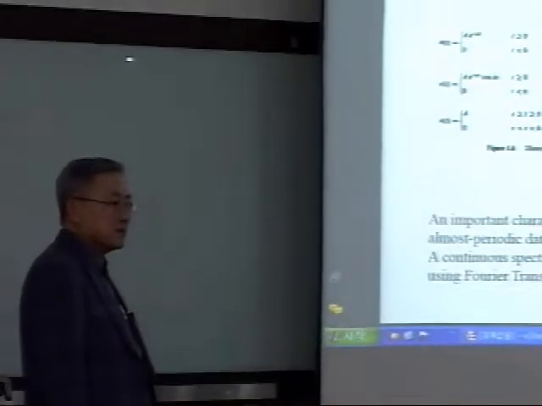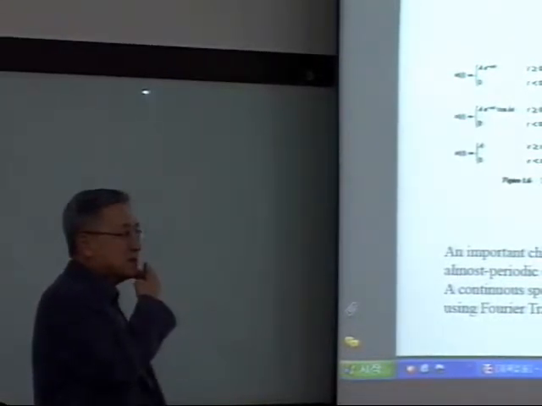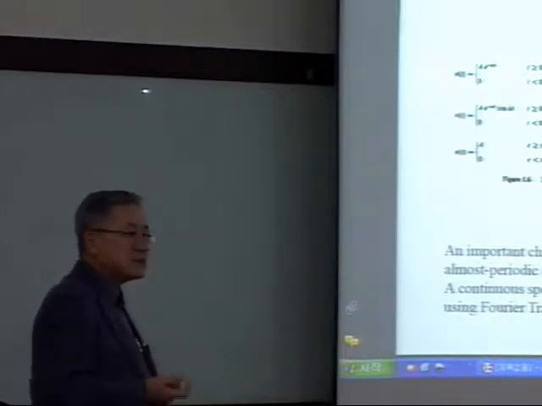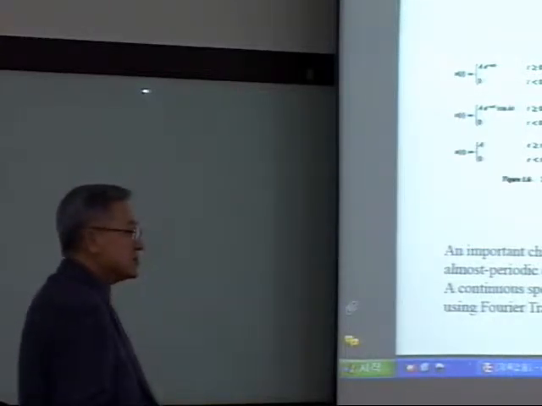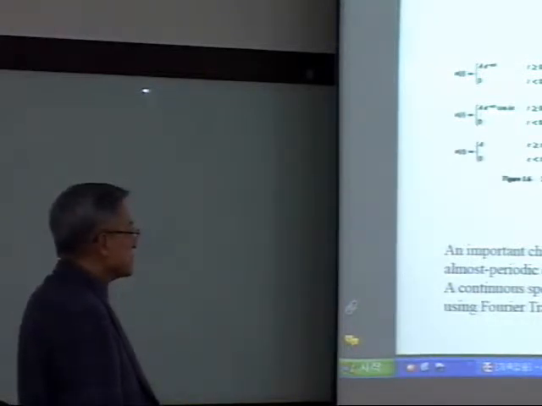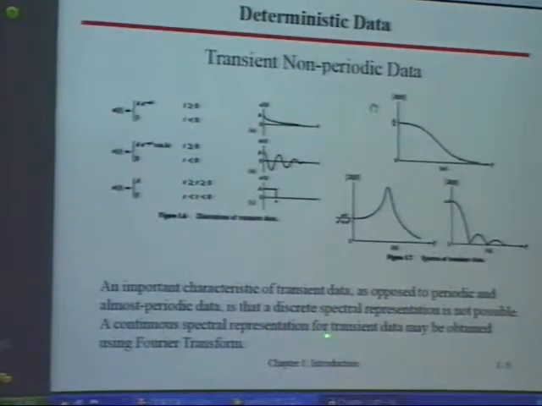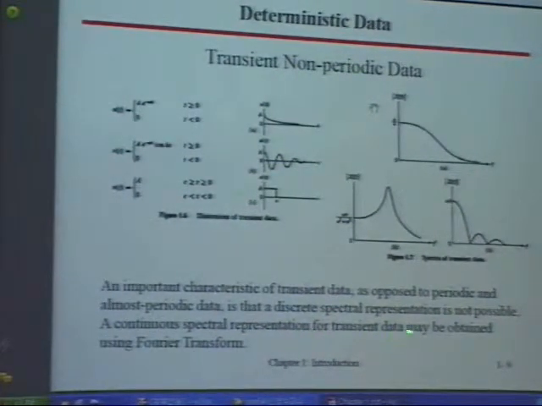That's much easier. Once you learn using the physics of it, it will stick in your brain, you will never lose it. Okay? Then a continuous spectral representation for the transient data may be obtained using Fourier transform.